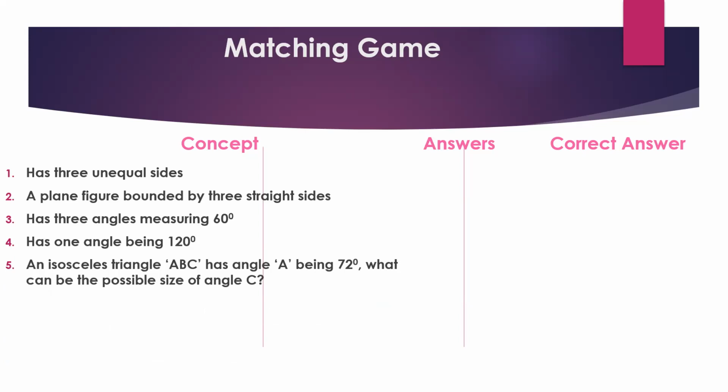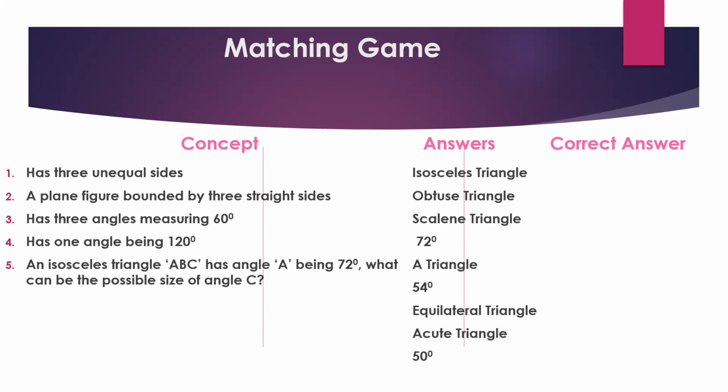Has 3 equal sides, unequal sides, a plane figure bounded by 3 straight sides, has 3 angles measuring 60 degrees, has one angle being 120, and so on. So these are just some concepts, all right? Here are some answers. So you would have to match these concepts with the correct answers. So number 1, which one of them has 3 unequal sides? So you would have to pick the correct answer from here.